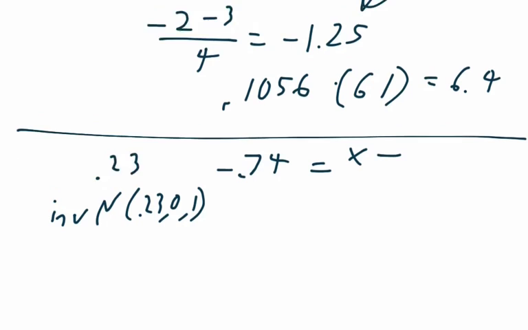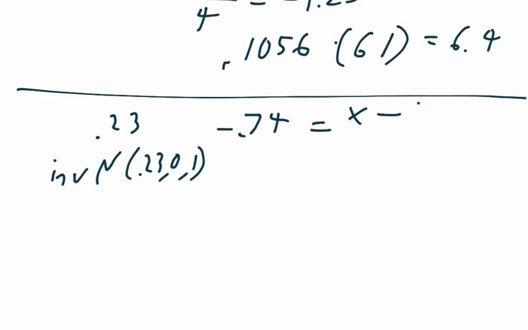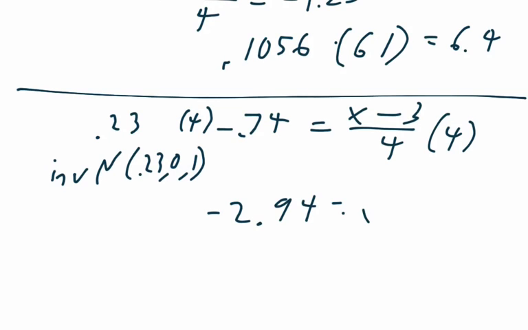X minus, what numbers did I use? 3 divided by 4. Multiply both sides by 4. And that's negative 2.96 equals x minus 3. So when I add 3, we get 0.04 equals x.